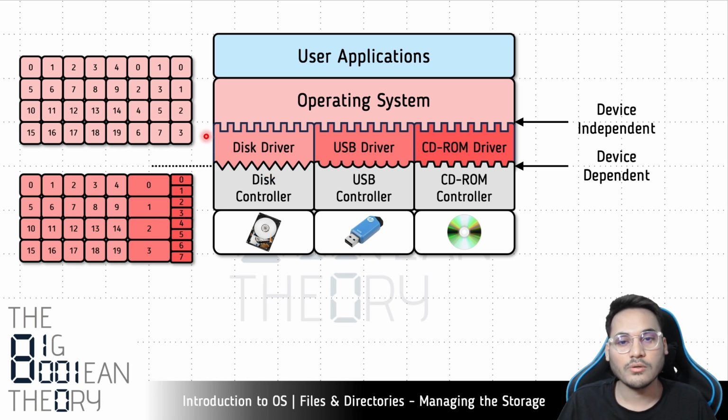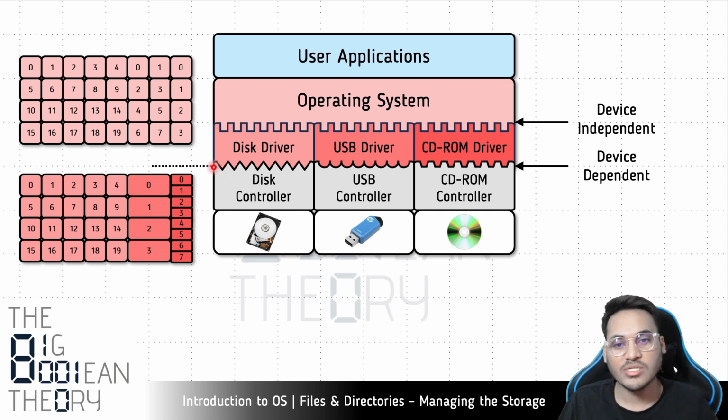We also saw that what the operating system does to simplify this problem is that it defines a device neutral, or device independent, interface. This is a uniform interface which all of the storage devices in the system have to follow. The way this is done is by having a piece of software which is called the device driver.